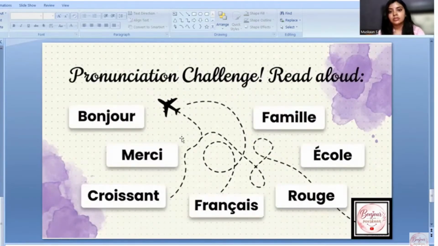Now let's pronounce these words. Pronunciation challenge. You have to read it aloud. Take 2-3 minutes, then I will read with you. Okay, now let's pronounce this.